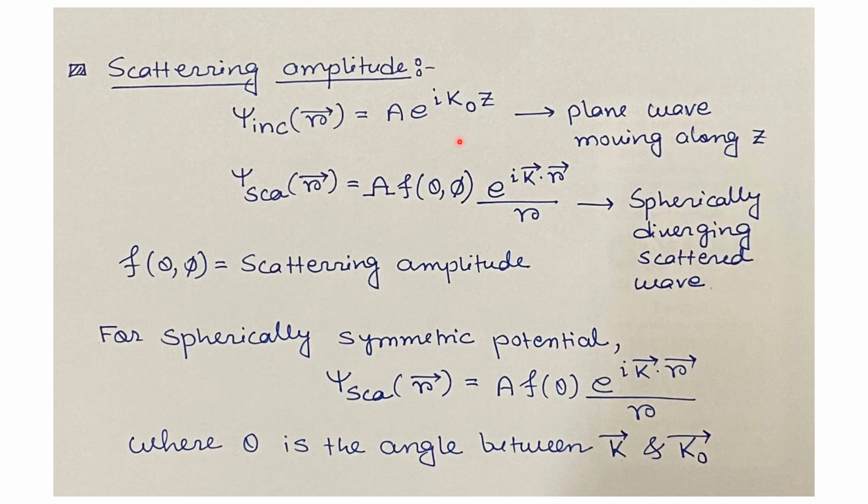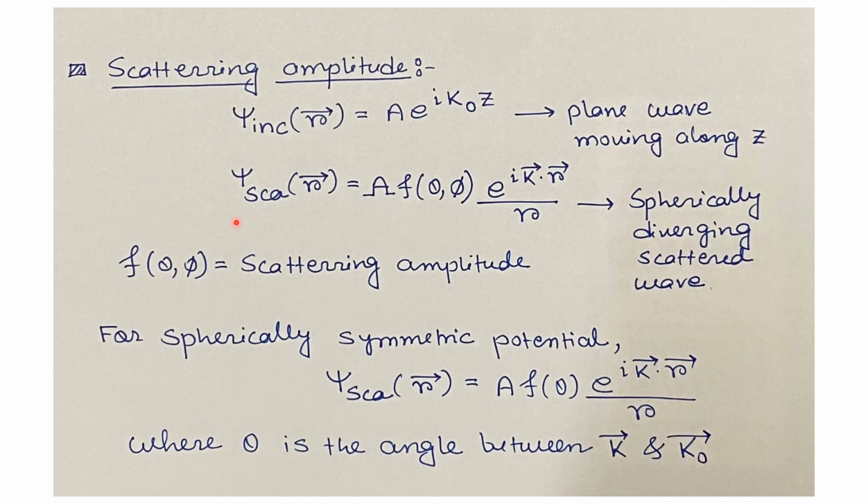Now, before the interaction with the target, the particles in the incident beam are independent of each other and they move like free particles with the momentum h cut k naught vector. Now, when the incident wave collides with the target material, an outgoing wave is scattered out.